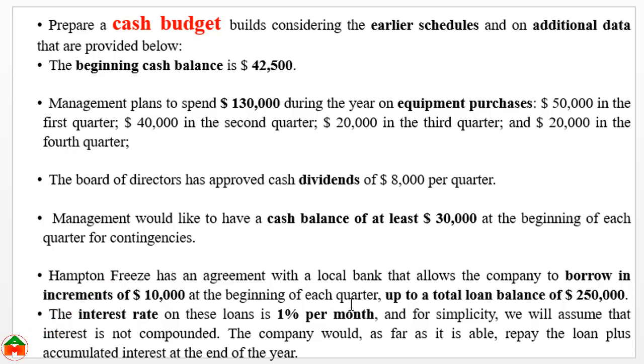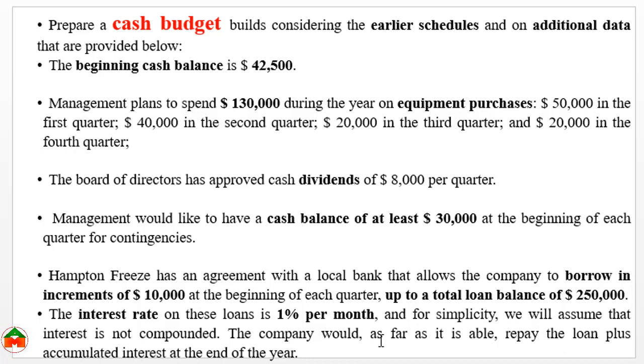However, in total, they can borrow up to 250,000. And for the borrowing, they need to pay interest, which has a 1% interest rate per month. And for simplicity of preparing this cash budget, we assume that interest is not compounded.